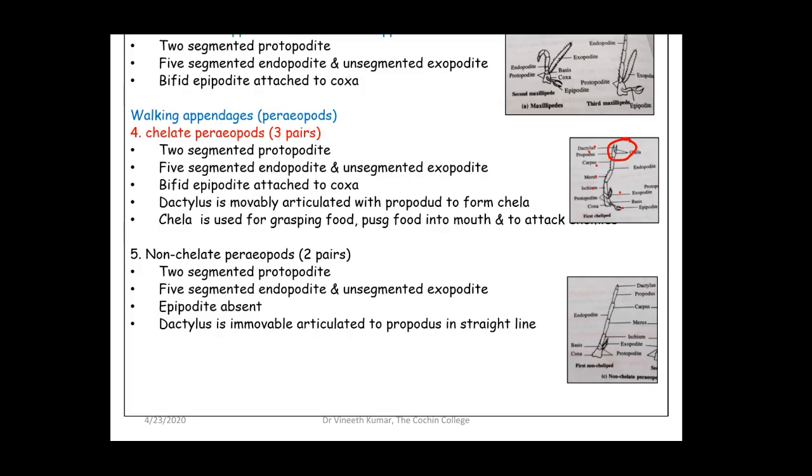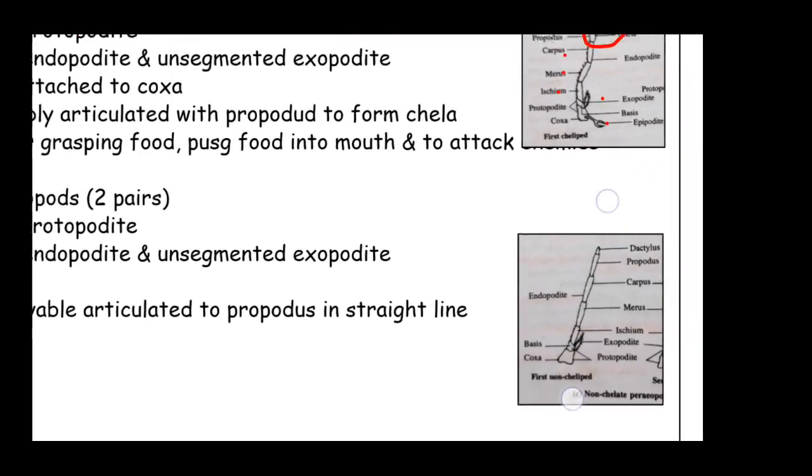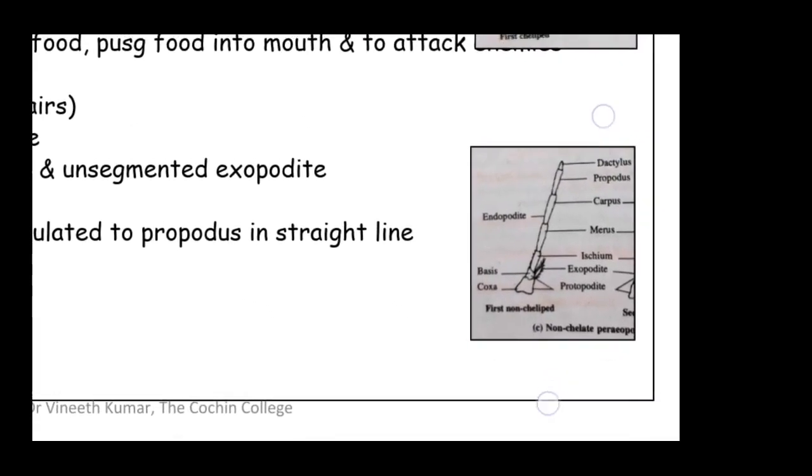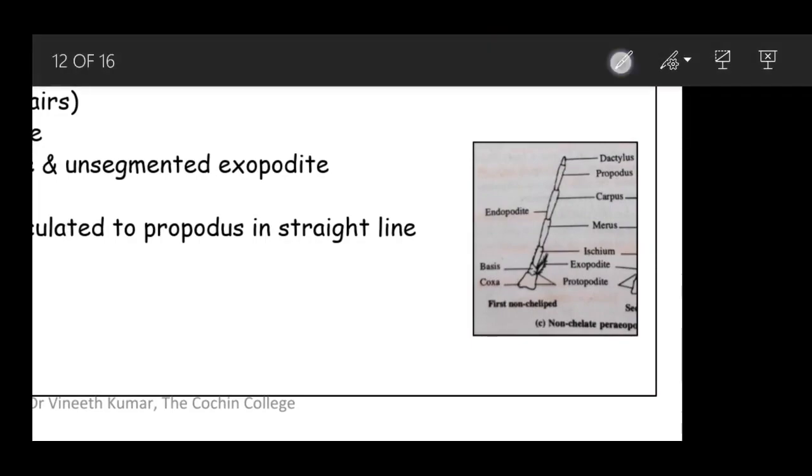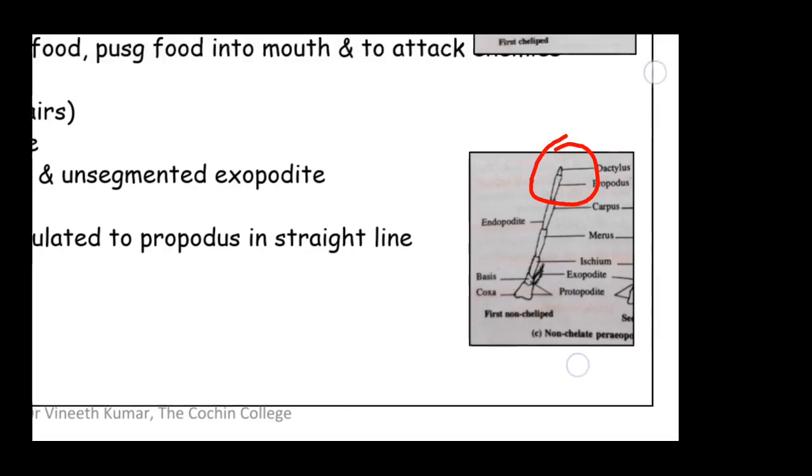The non-chelate legs or the non-chelate pereiopods. Pereiopods means walking legs. There are 2 pairs. They also have a 2-segmented protopodite, a 5-segmented endopodite, and an unsegmented exopodite. The epipodite is absent here. You can see the dactylus and propodus do not form a chela here. They are seen one behind the other, the propodus and the last segment, the dactylus.